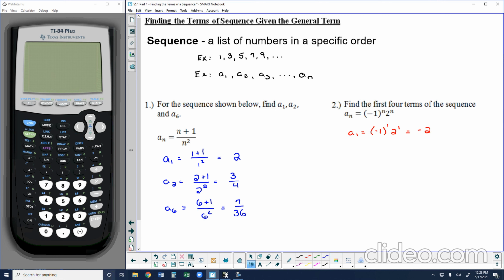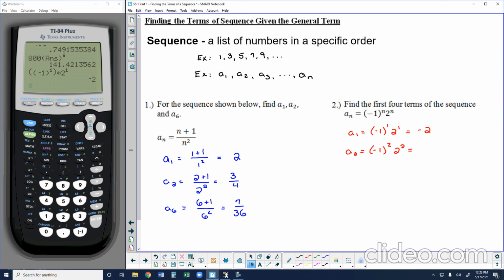We can also find this in the calculator: -1 to the first times 2 to the first, and that's -2. Now if I want to find the second term in the sequence, I can do -1 to the second power times 2 to the second power.